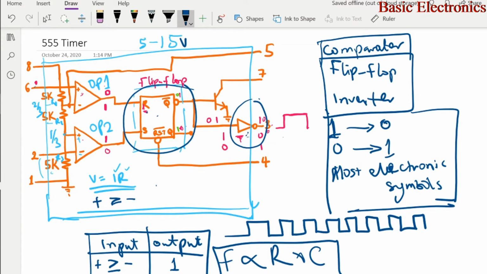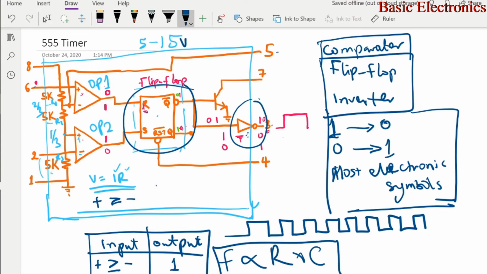Alright, so this pin here goes to the control voltage, so you can add external voltage here to increase the value of the voltage here.